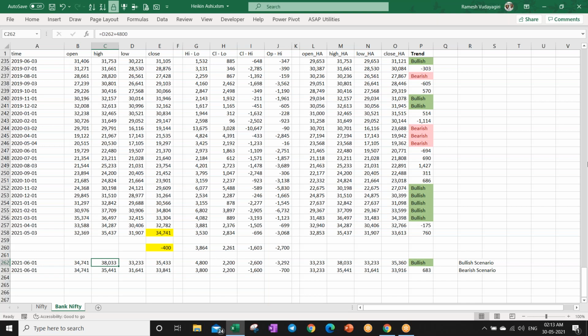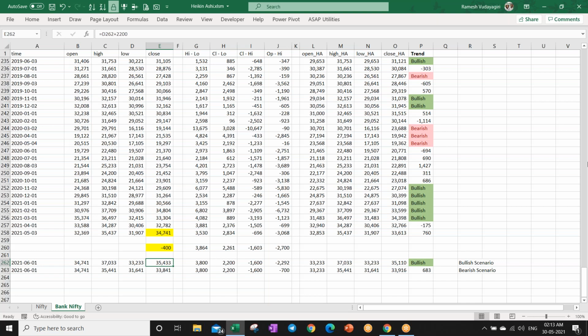That is a highly bullish scenario. The slightly less bullish scenario will be at least the 37,000 level, which we could test in the month of June, and we could close at almost 35,000 to 35,500 in the month of June. That is the bullish scenario.